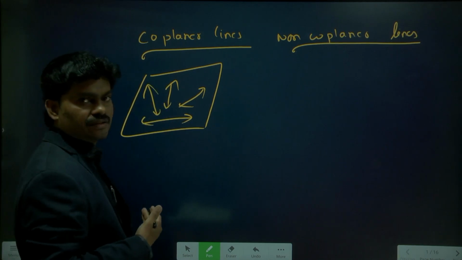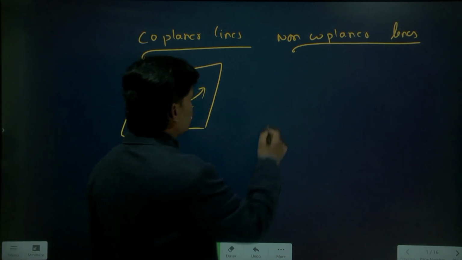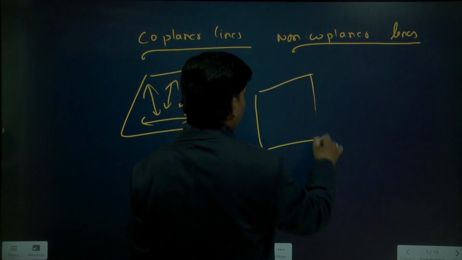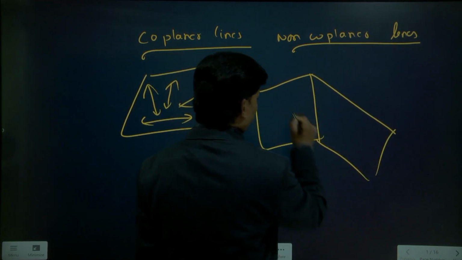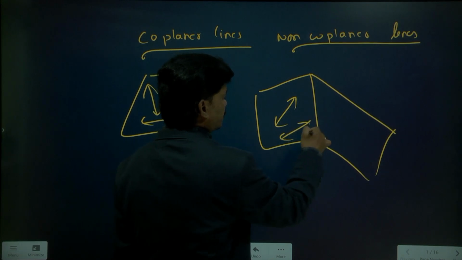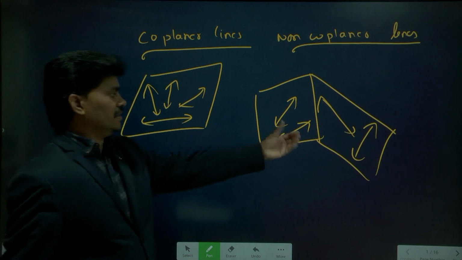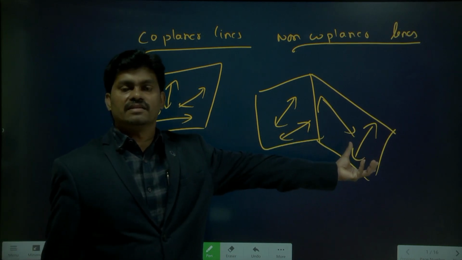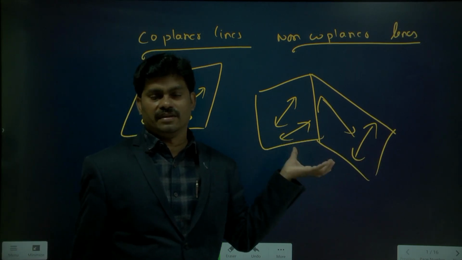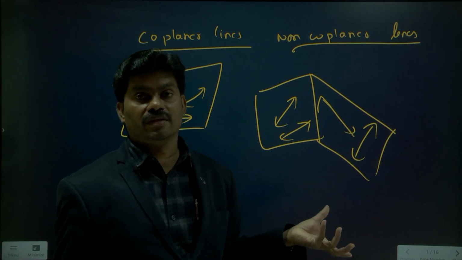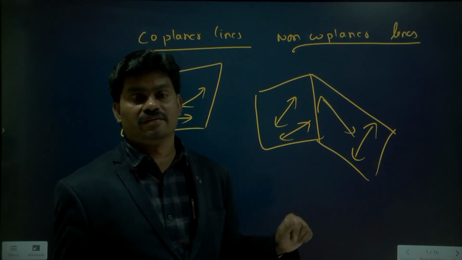There are many lines here which are on the same plane. Let us take two different planes. Here one plane, here one plane. Here some lines I am going to draw, and here some lines I am going to draw. These lines are in a different plane from those lines. They are not in the same plane, so they are called non-coplanar lines.